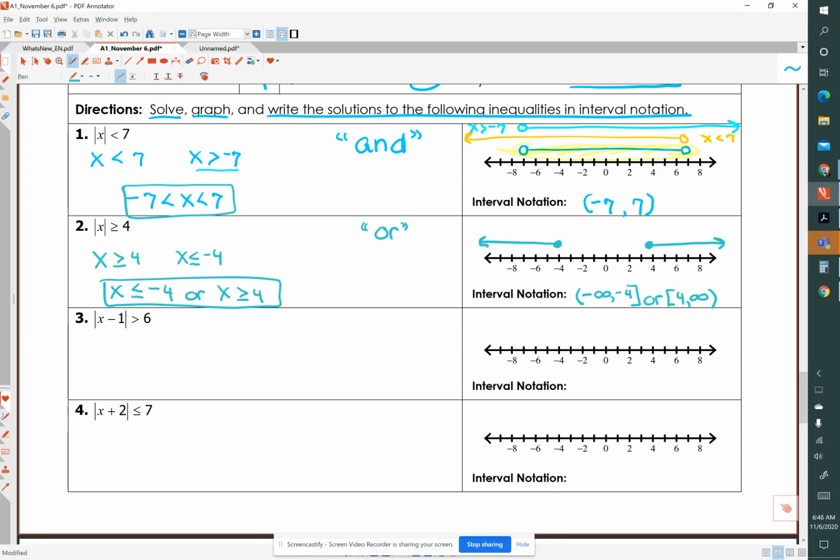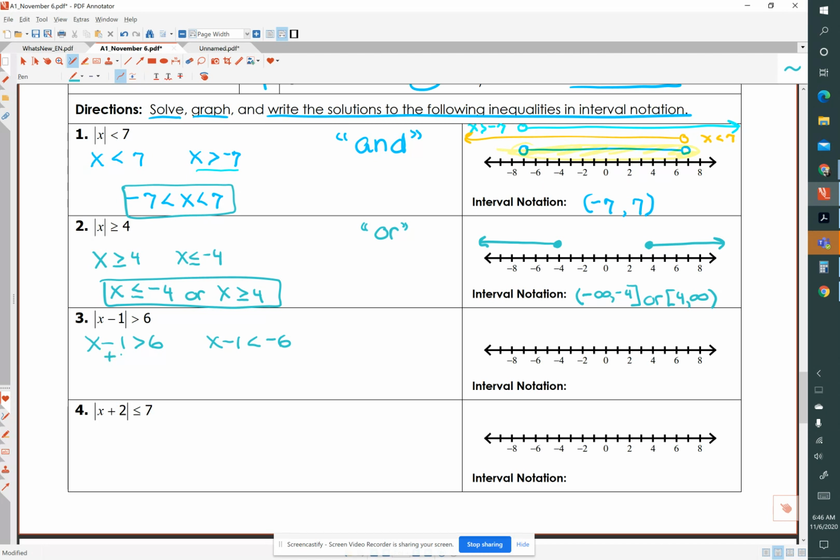Okay, let's see how you did. So let's make our two cases. x minus 1 is greater than 6. x minus 1 is less than -6. Okay, keep it, switch, switch.